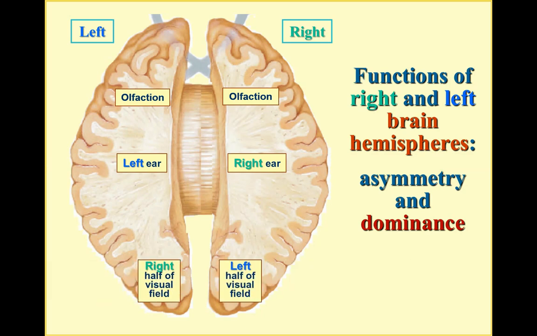But for vision, there is cross-section, and the left hemisphere receives information from the right half of the visual field, while the right hemisphere takes information from the left half of the visual field. But nevertheless, it's still symmetrical. It doesn't matter that there is cross-section, it's still symmetrical. Then, speech and writing.